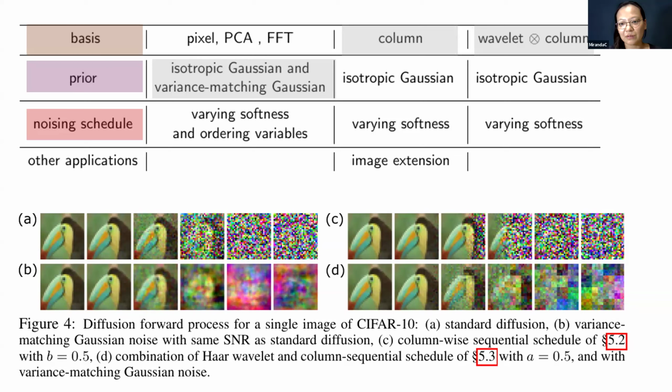So that you see in picture C. Okay, so you generate one column before moving to the next. And then D is, I hope you could see, you do it column-wise, but you decompose it into the wavelet basis, and within the wavelet basis, you do it column-wise. So that's D. I hope you could see that structure.